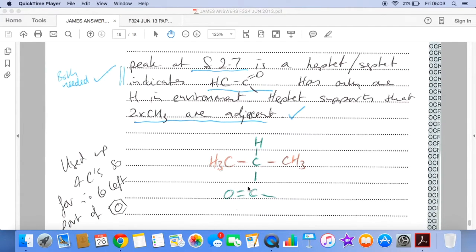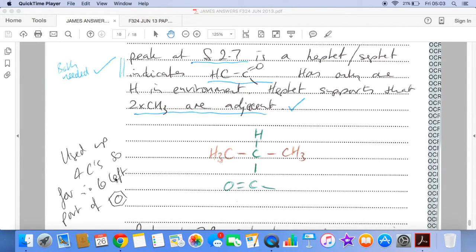So in other words, we can now say we've got this feature in our molecule. So this green hydrogen here is causing this delta 2.7, and it's split into a heptet because of the 6 adjacent hydrogens, and it's at 2.7 because it's an H to C to a C double bond O.